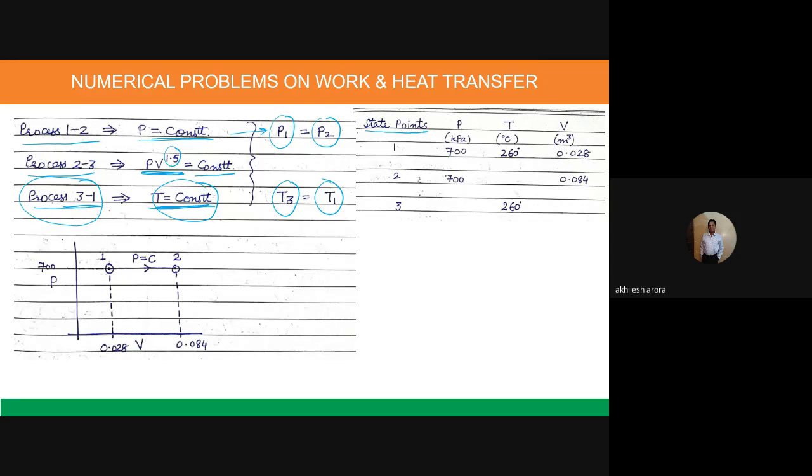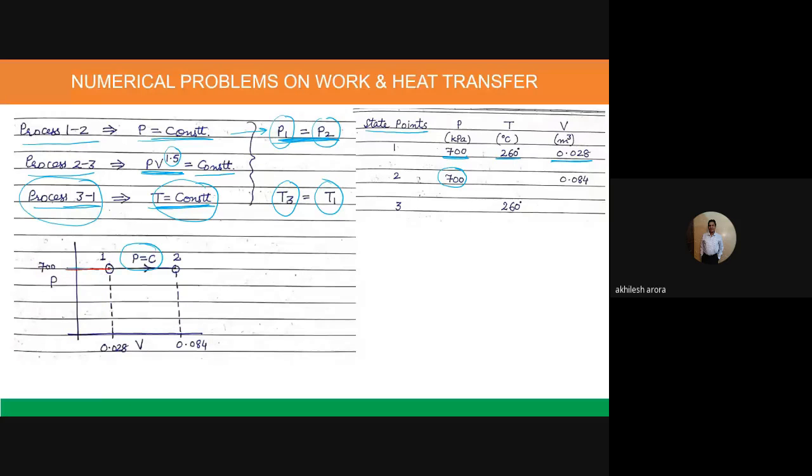So at state point 1, pressure is 700 kilopascal, temperature is 260 degrees Celsius, and the volume is 0.028 meter cubed. Similarly, at state point 2, because the first process is constant pressure, the pressure will be once again 700 kilopascal. In the isobaric process shown here, you can see it is 700.